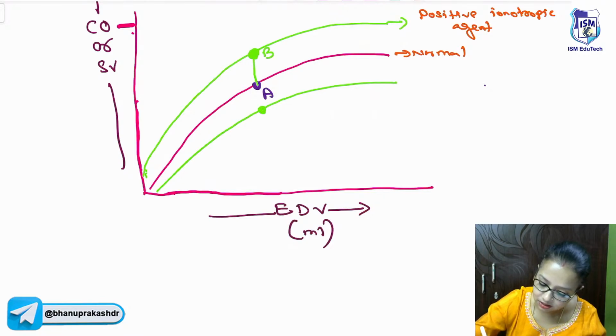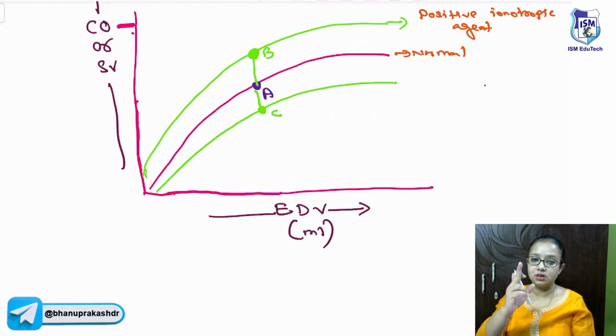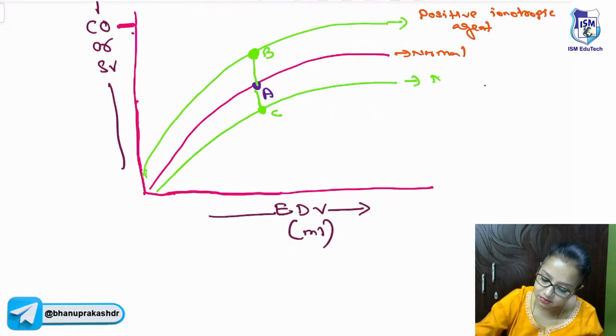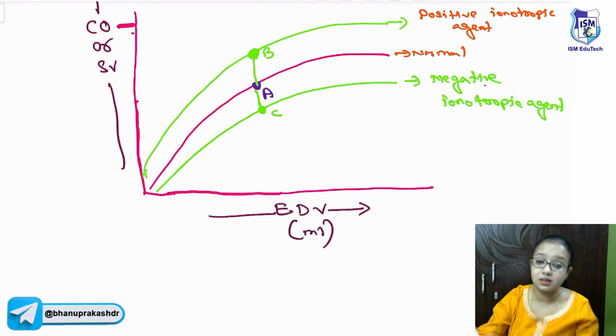Like this is B, this is C. They all lie in the same perpendicular line along with the point at which the heart is functioning. This is after adding the negative inotropic agent. This is the graph that is described by Frank-Starling, and we call it a Starling graph also.